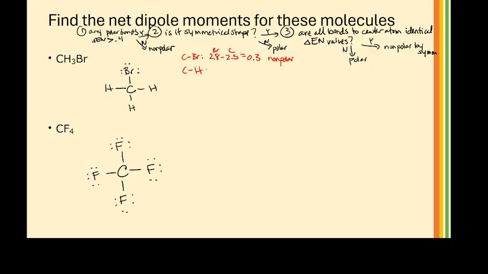For CH, carbon is 2.5, hydrogen is 2.1, 0.4. That's also nonpolar. Ties go towards nonpolar. It has to be greater than 0.4 to be polar. So there are no polar bonds. Note that I check, are there any polar bonds? The answer was no, I'm done.